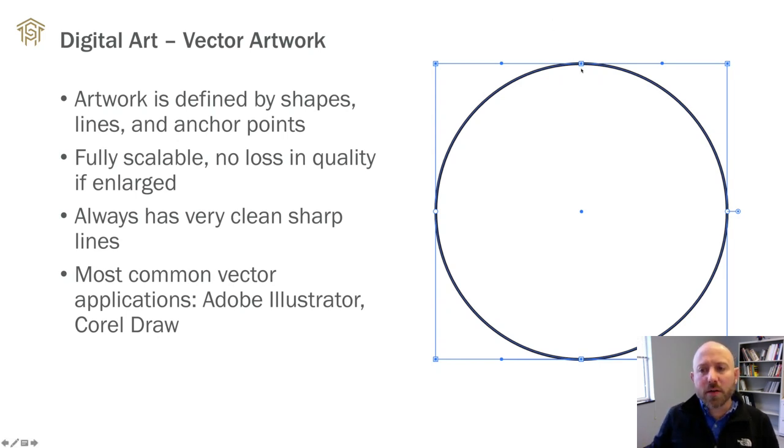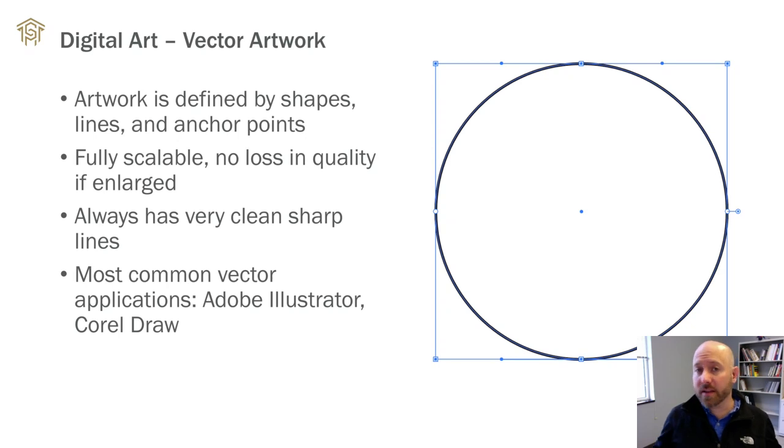So the location of each of those anchor points is referenced. Then what is done is the computer documents how the lines that go between the anchor points, if they curve or if they're straight, and just documents them. And then it also will document the colors that are associated with that shape.